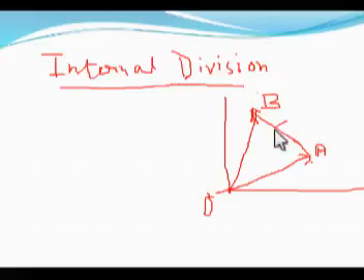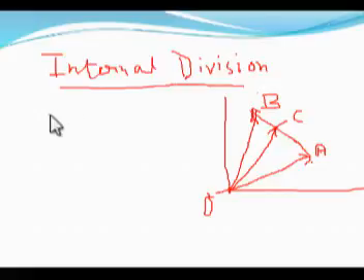I am taking a point C on the vector AB. Now I am giving the position vector of point C, the OC vector.